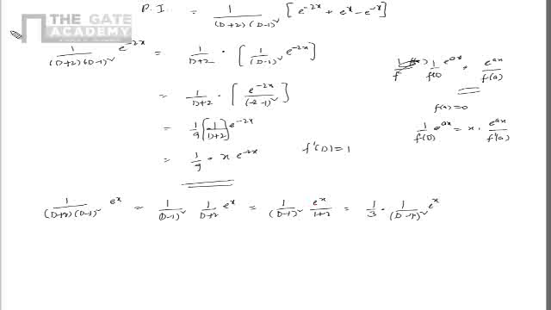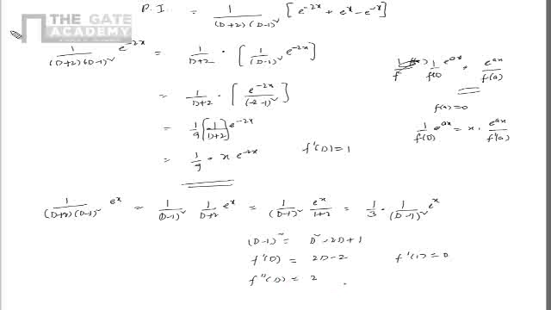Now (D minus 1) whole square I can expand: it comes out to be D square minus 2D plus 1. If I substitute a directly, f of a becomes 0. So finding f dash of D, which is 2D minus 2. Here also if I substitute 1, f dash 1 will be 0. So finding f double dash of D, which is 2.